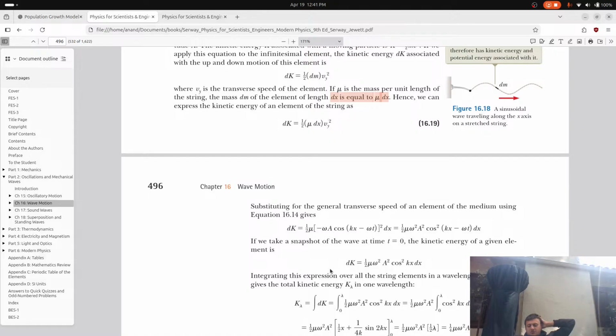As the wave moves along the string, this amount of energy passes by a given point on the string during a time interval of 1 period.